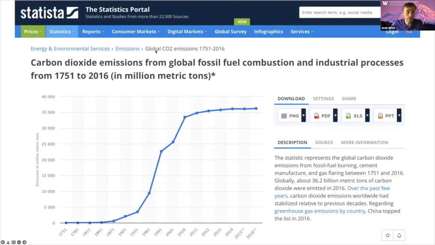If you read the title here, it says carbon dioxide emissions from global fossil fuel combustion and industrial processes from 1751 to 2016. And if you read the text over here, it says over the past few years, carbon dioxide emissions worldwide had stabilized relative to previous decades. And if you look here, it does look like maybe it's stabilizing.